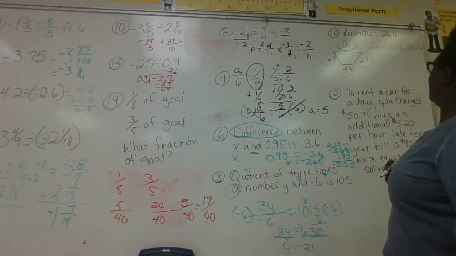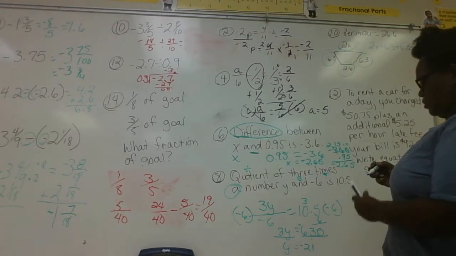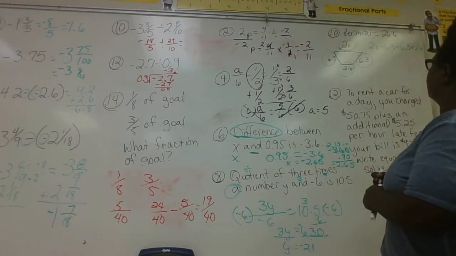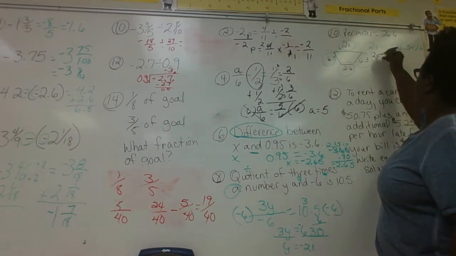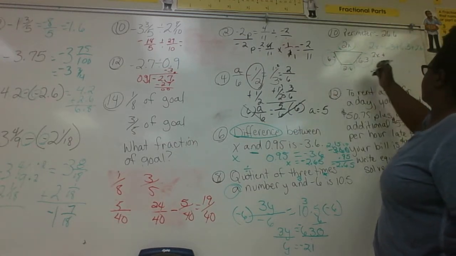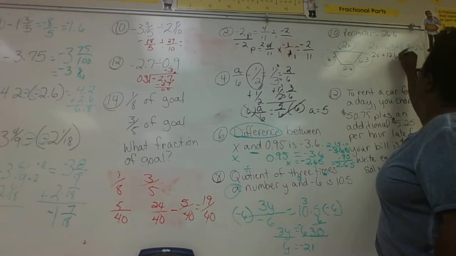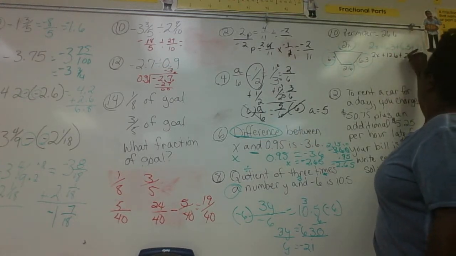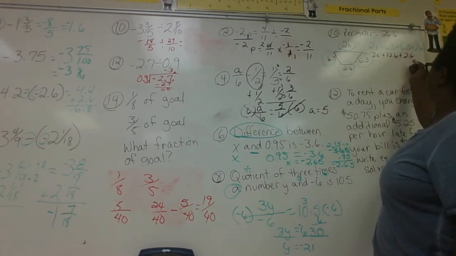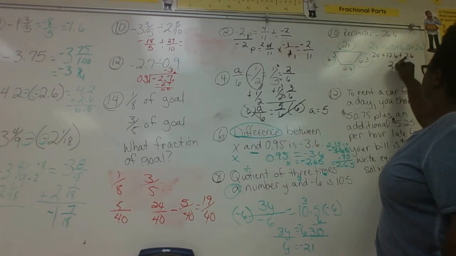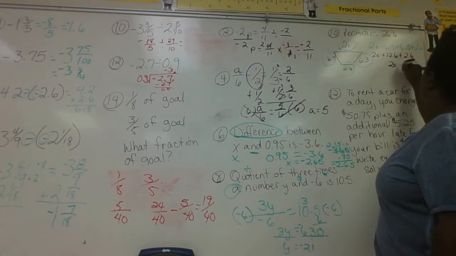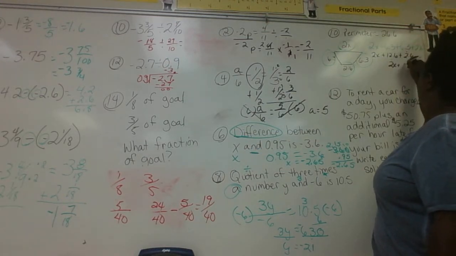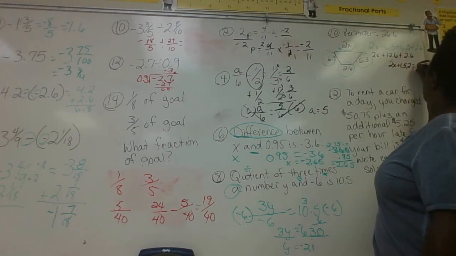Okay, when we add all those sides together, we're going to keep our 2x. 6.3 plus 6.3 is 12.6, plus our 2.6. Now we add this to our 12, so we have 2x plus 15.2, and remember it all equals 26.6.